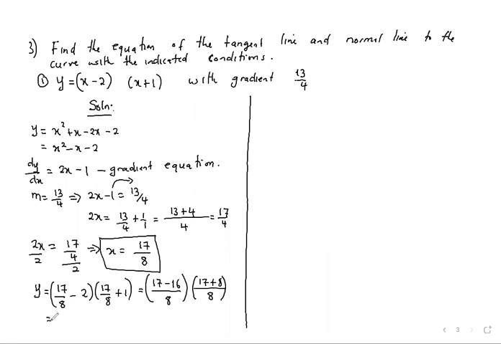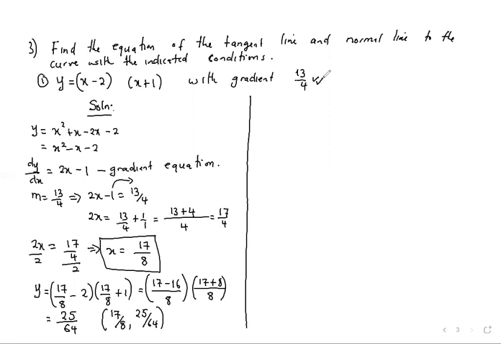So this will give us 17 minus 16, that is 1, and then the other one will get 25. 25 by 1 is to have 25 over 64. So meaning that the point that we deal with is (17 over 8, 25 over 64). And the gradient is already given.